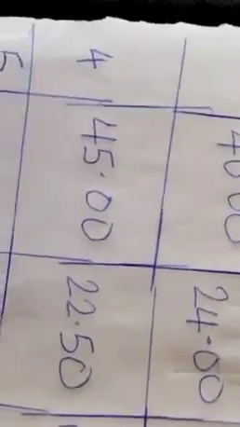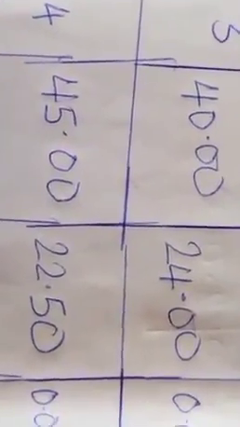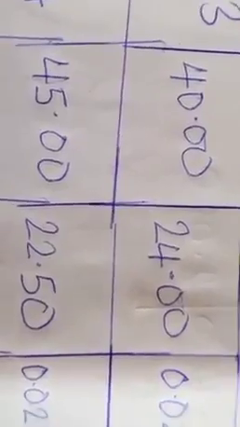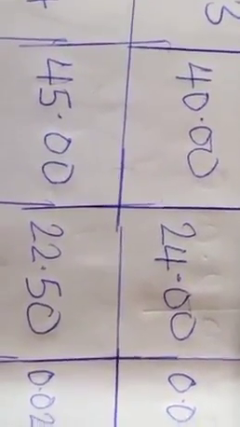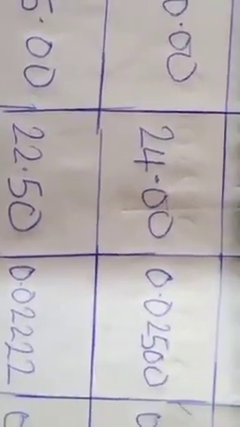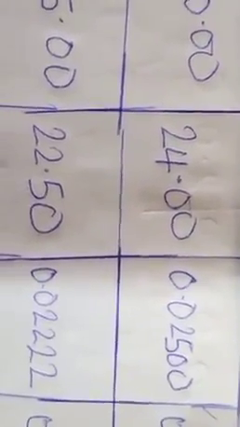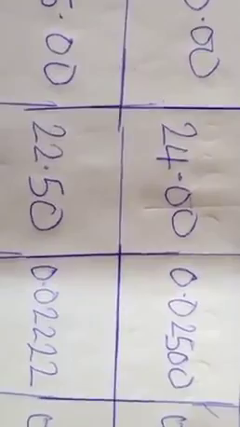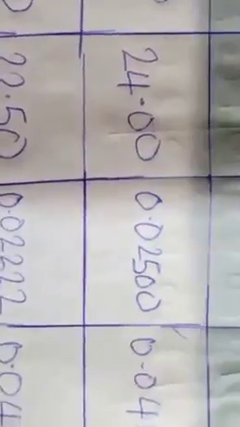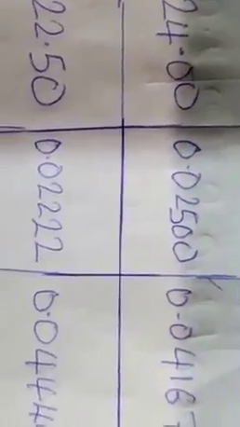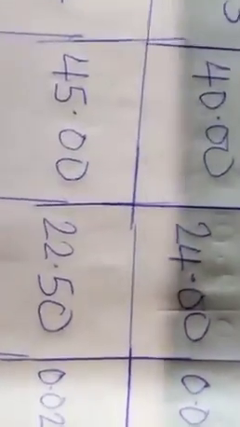Going to the fourth experiment, when U is 45 cm, the distance between the ray box and the lens, and V, the distance between the lens and the screen, the image distance, is 22.5. The inverse of our U, 45, is 0.02222. And then the inverse of 22.5, that is 1 over V, gives us 0.04444.